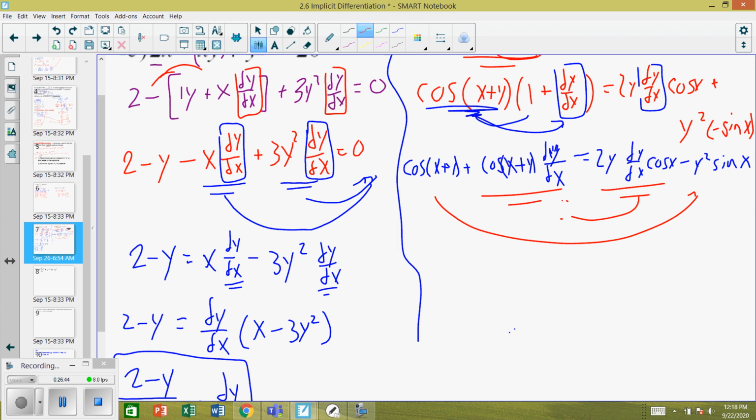On the left side, I'm going to have cosine of x plus y dy over dx minus 2y cosine of x with dy over dx attached to it, equals, on the other side, negative y squared sine of x minus cosine of x plus y.